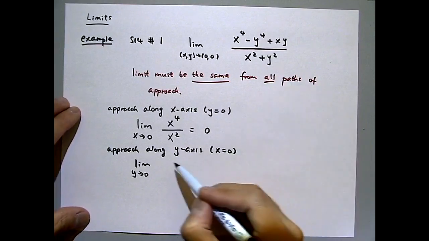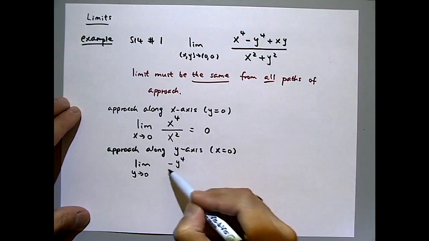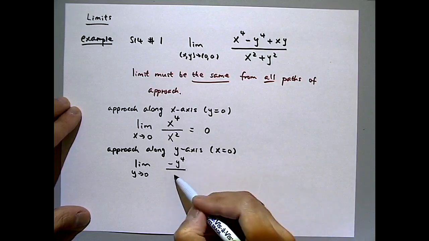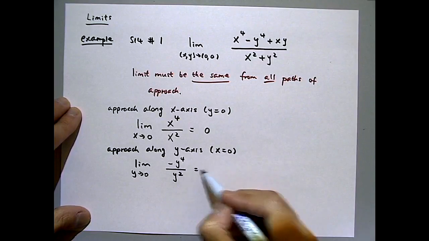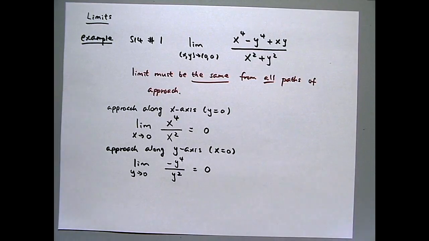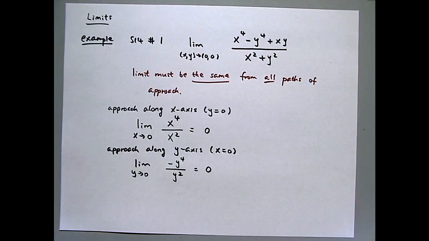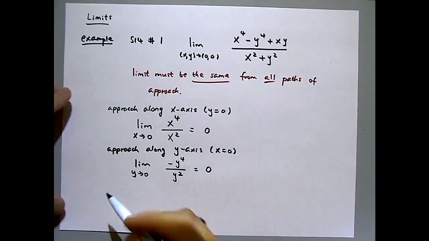So we get minus y to the fourth over y squared, which also goes to 0, right? Does that mean the limit is 0? No. Just because we found two that give us the same number does not guarantee a limit. So we got to find another one.